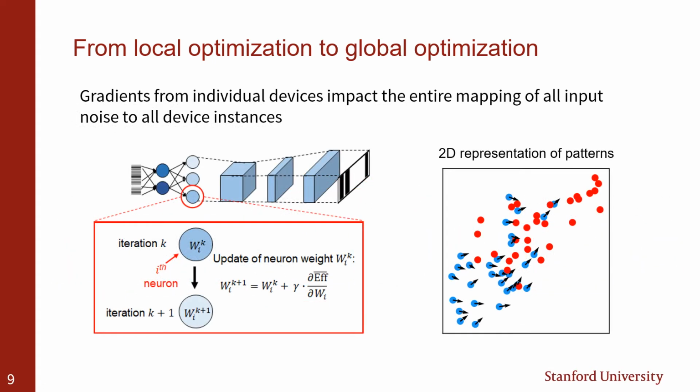In the optimization of the generative network, the weight of each neuron is updated using the efficiency gradients of all devices. Since all different device patterns share the same generator, the generator knows the efficiencies and gradients of the whole device ensemble, so that the distribution of the generated devices evolves as a group, as shown on the right.